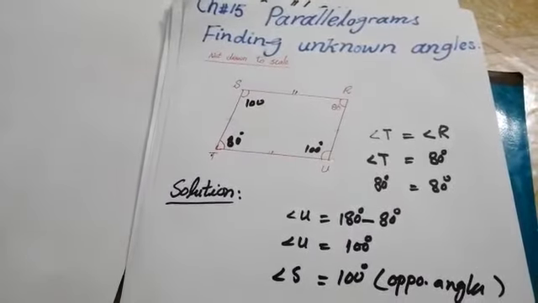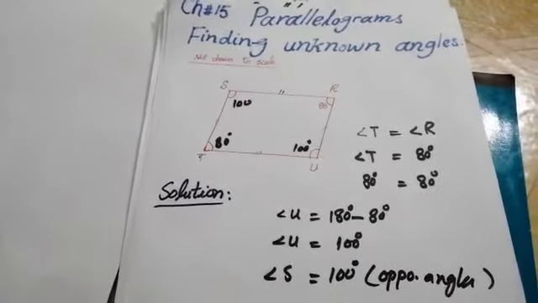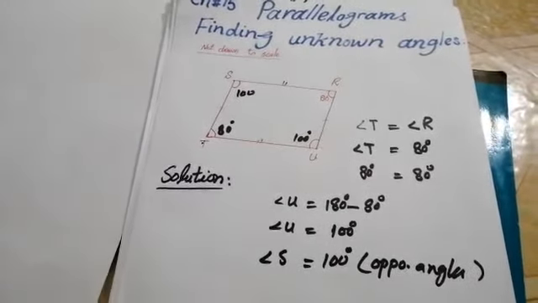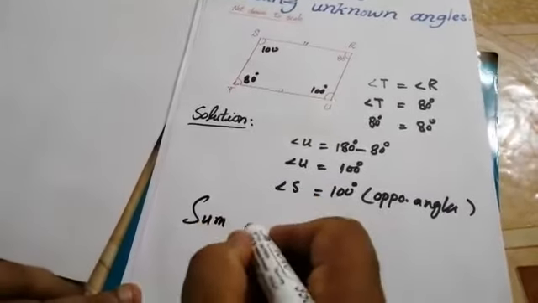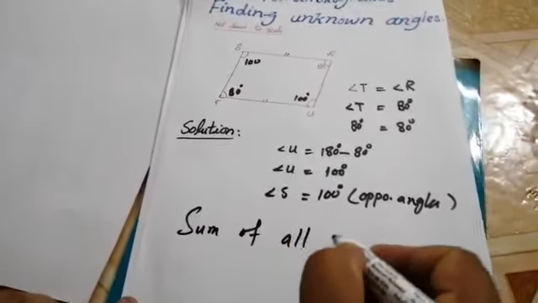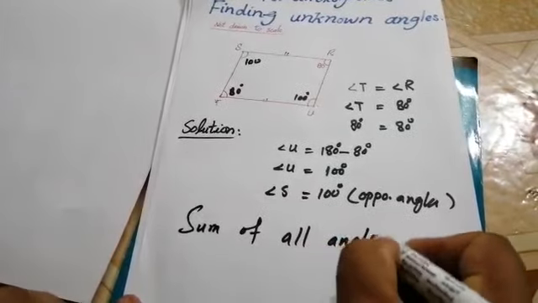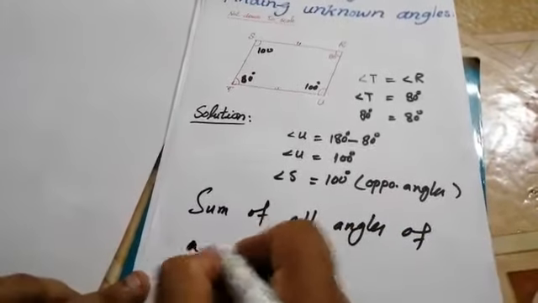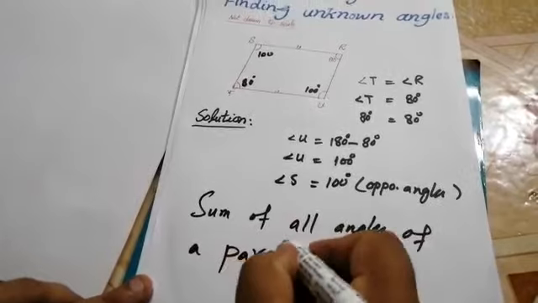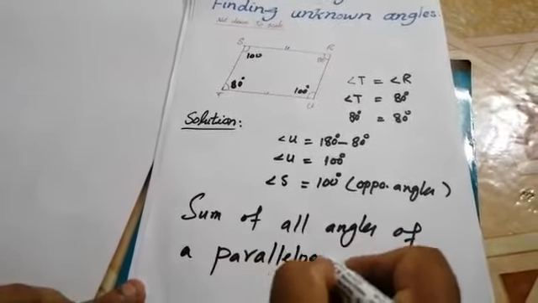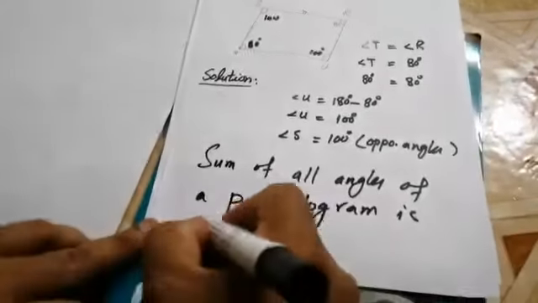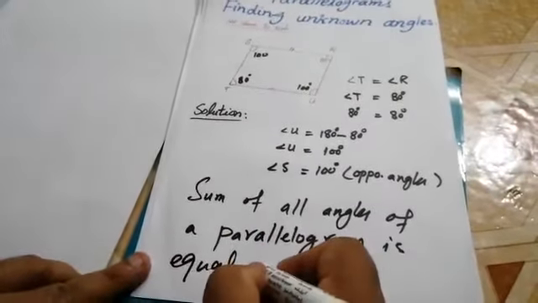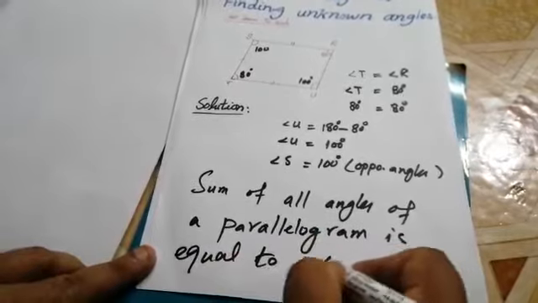Now if you want to check whether your answer is correct or not, keep another point in your mind: the sum of all angles of a parallelogram, how many angles in a parallelogram? 4 angles, is equal to 360.